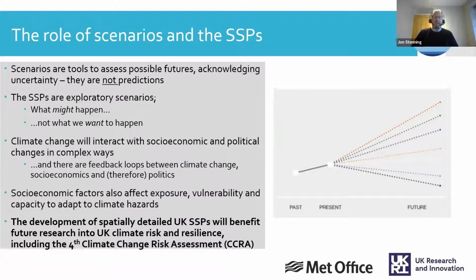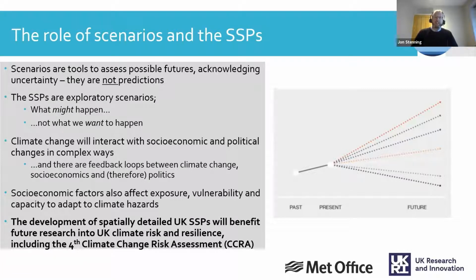So we're not seeking to say this is what we think the UK economy is going to look like in 2040, in 2070, in 2100, but to say these are different illustrative paths which the UK economy could follow, and these are some of the key implications of those different pathways.